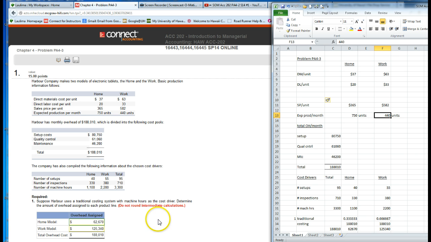And so ABC costing basically gives us a better, more accurate way to allocate overhead to our products. And one of the tools that we use with ABC is what we call cost pools.